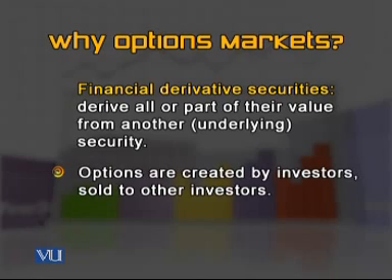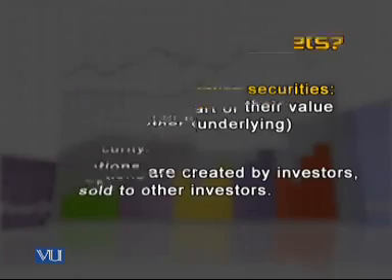Options are created by investors, sold to other investors. This is financial engineering. Investors have created a new product so that you can use one product, diversify it into futures and options, and use other ways of utilizing the same underlying asset in a variety of ways.